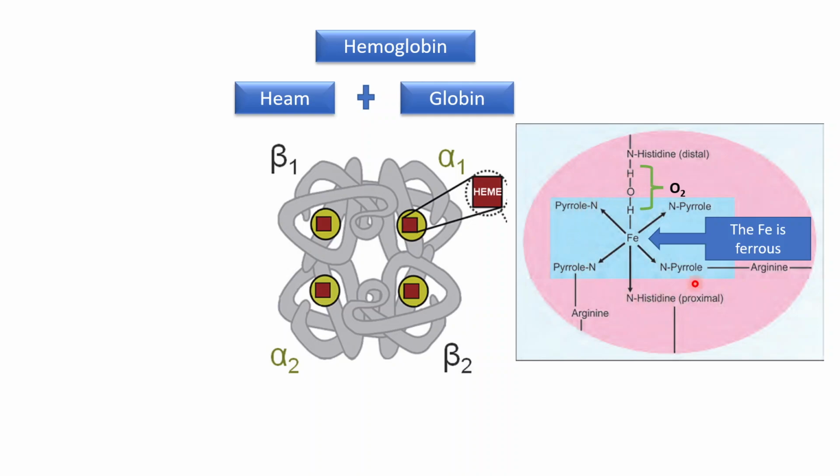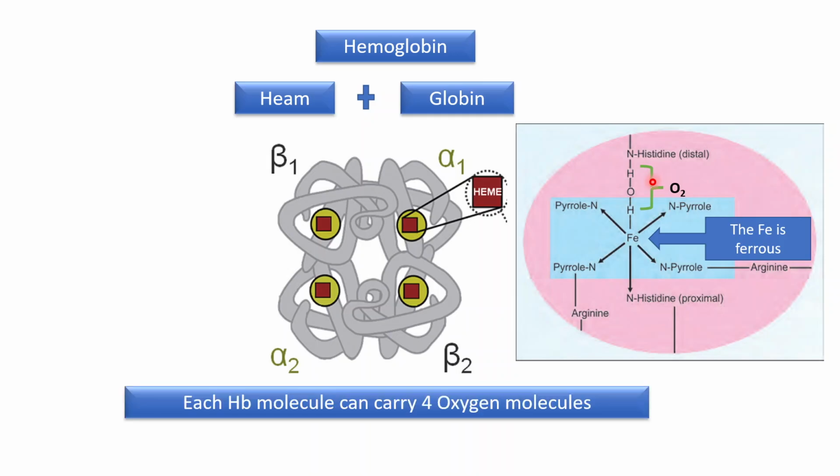If you look at the structure, one heme is binding with one oxygen molecule. That is why, as there are four heme groups, each hemoglobin can carry four oxygen molecules. Each oxygen molecule is binding to the iron which is present in one heme.